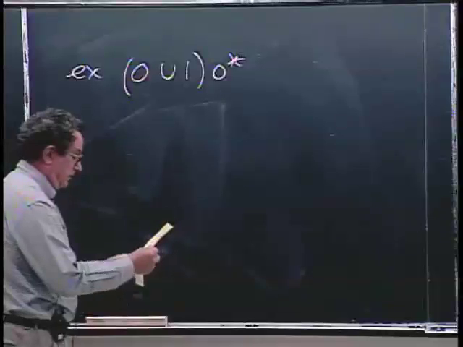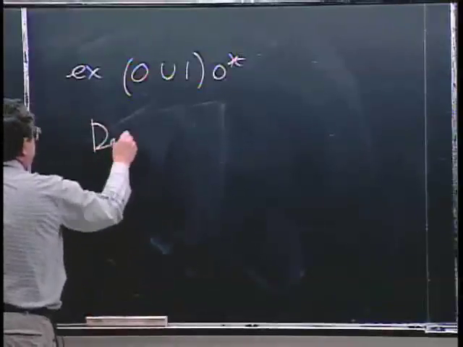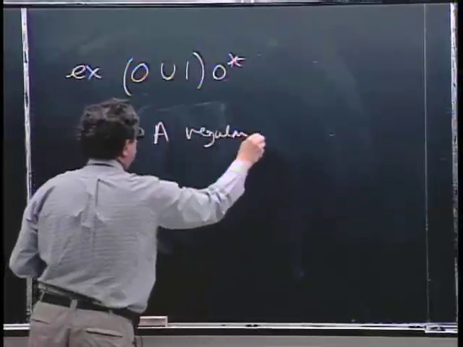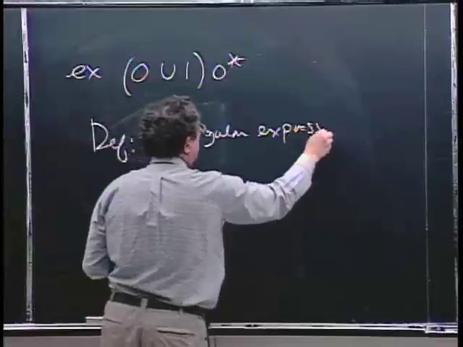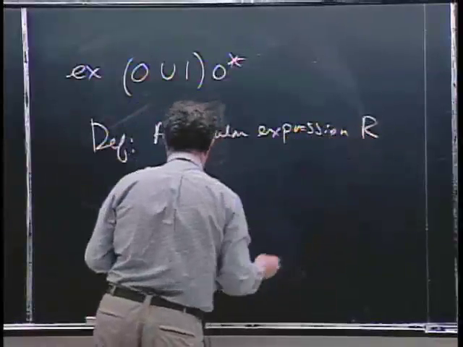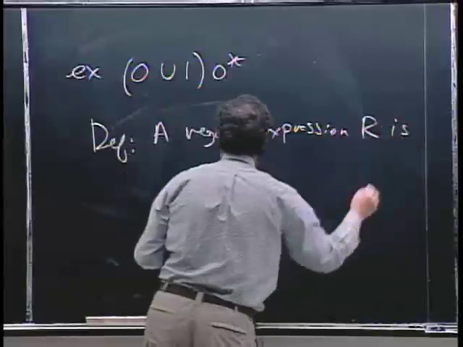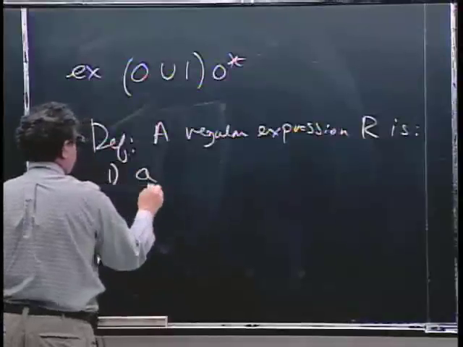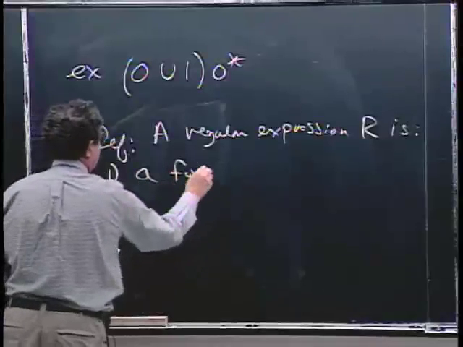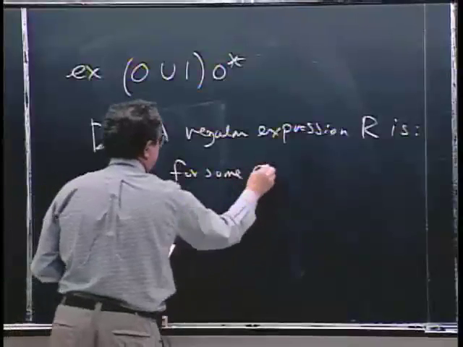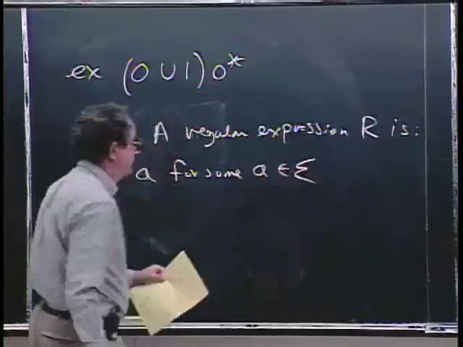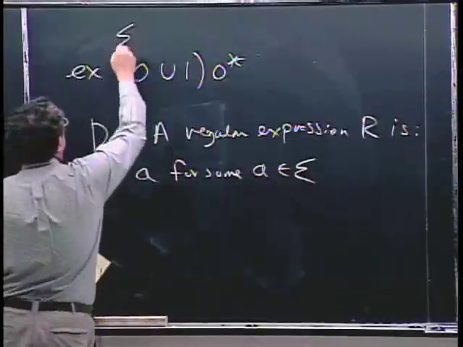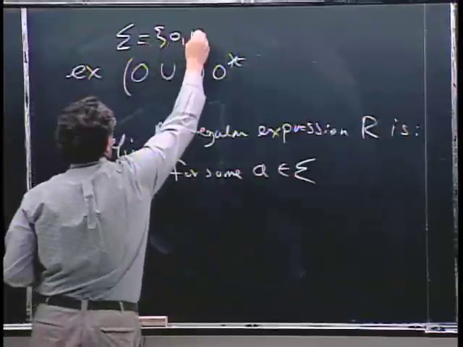Okay, so let me be a little more formal. A definition: a regular expression, we'll call it R, is one possibility, just a single character A for some A in the alphabet. Because we have an alphabet which is implied. You can make it explicit if you want. In this case, it's 0, 1.